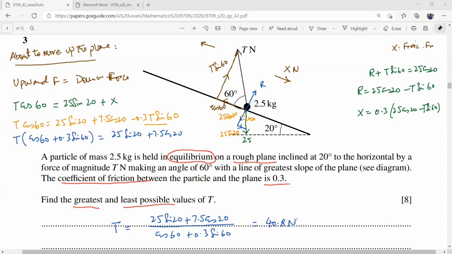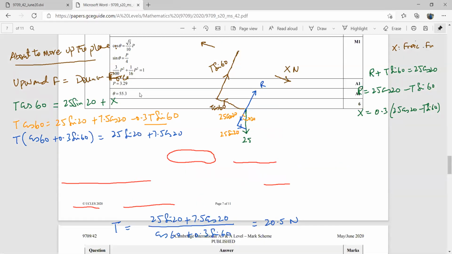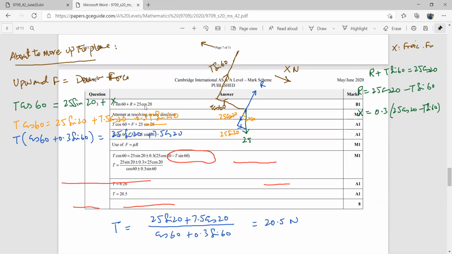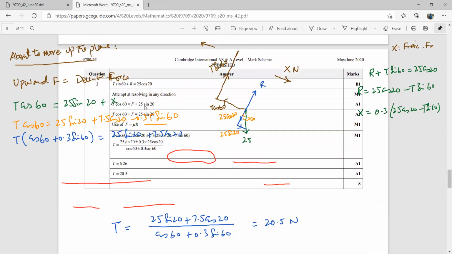Is that right? Please check, all of you. It is 20.5. Majority saying 20.5 newtons. Let me check from here. Yes, 20.5 is the right answer.